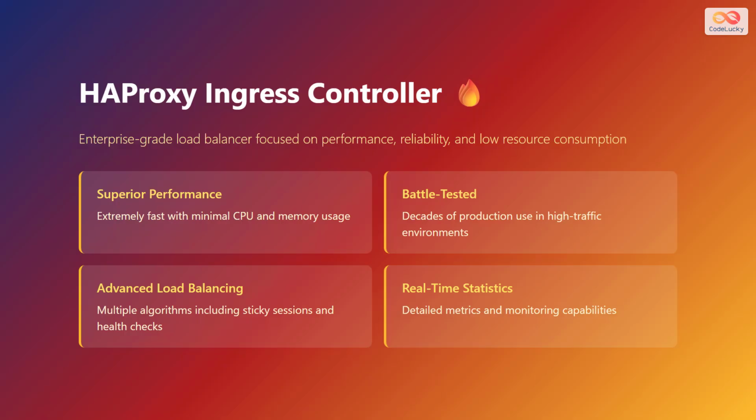HAProxy provides advanced load balancing algorithms, including round-robin, least connections, and sticky sessions based on cookies or IP addresses. It includes comprehensive health checking capabilities to ensure traffic is only sent to healthy backend pods. HAProxy also offers real-time statistics and detailed monitoring, giving you deep visibility into your traffic patterns and application performance.